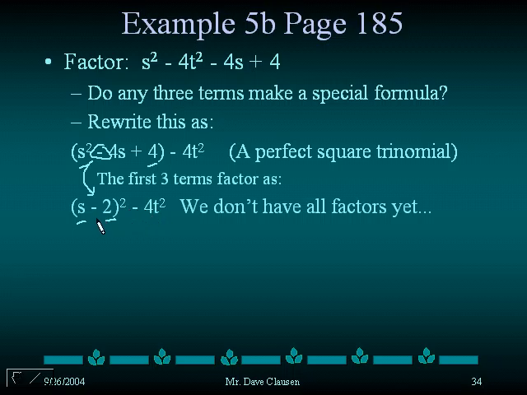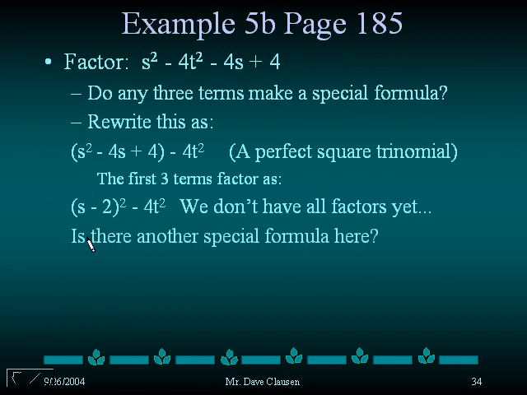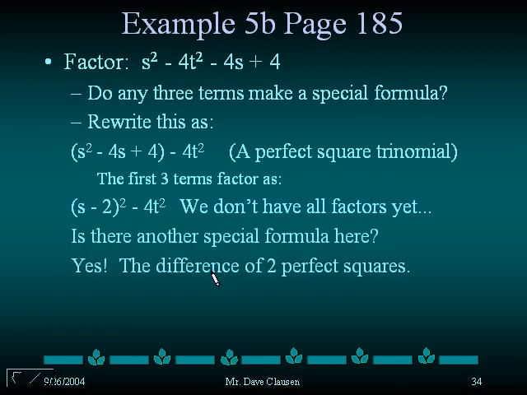This is a perfect square minus a perfect square. It's as if, and just think for a moment, instead of the parentheses, think of p representing the parentheses. It's like p squared minus 4t squared. That's the difference of two perfect squares. And so is this, the parentheses squared minus 4t squared. So yep, we have the difference of two perfect squares.